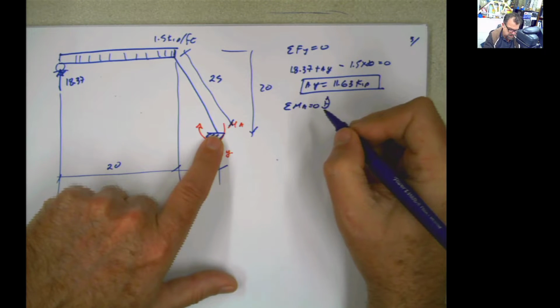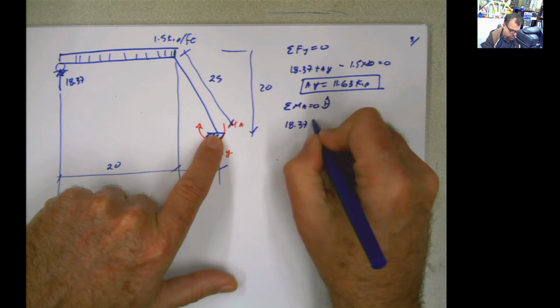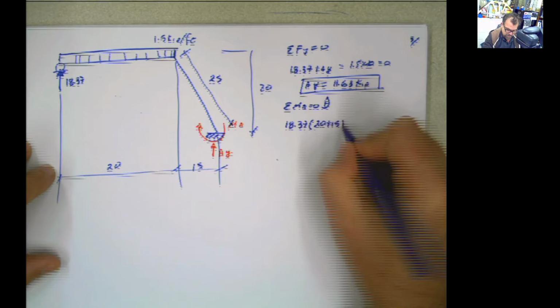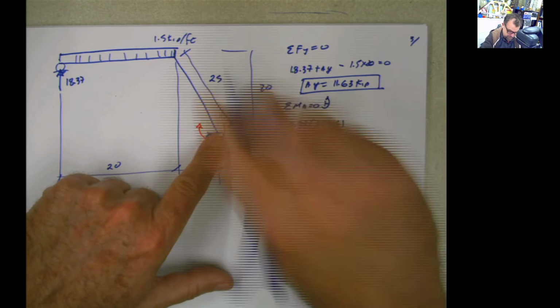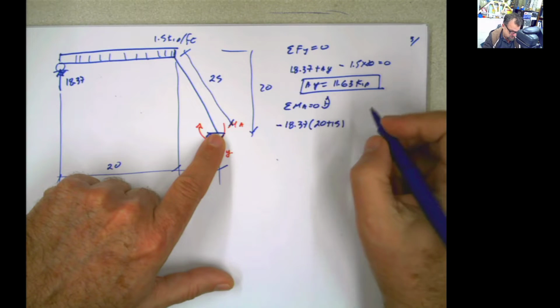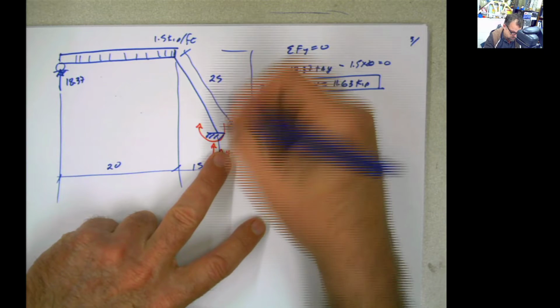If I do moment at A here equals 0, you have 18.37 multiplied by 20 plus 15, negative, minus. That's it, right?